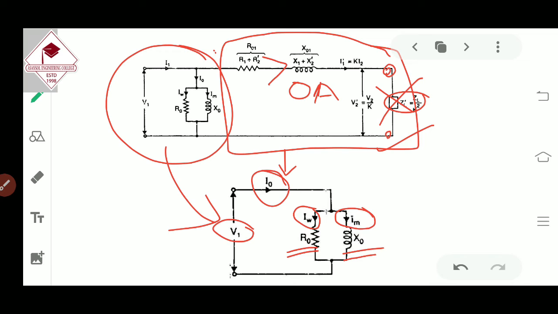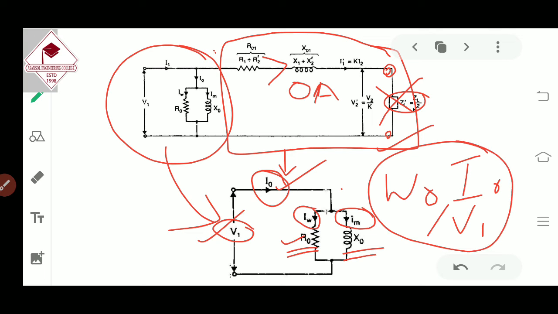From this we know this voltage, we know this current from the ammeter, and we know the power lost in this R0, that is W0. So we have these three readings, W0, I0, and V1. From these three readings we can easily find R0 and X0. Let us see how we can find this.